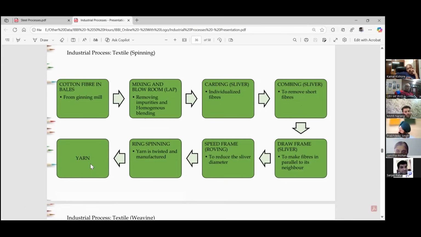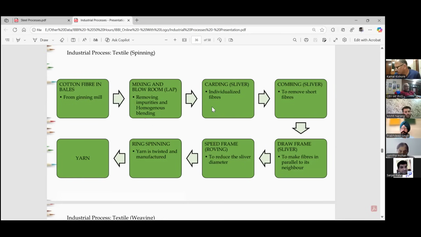Many times it is asked, what is the function of the blow room? To remove the impurities and make the cotton fiber homogeneous. What is the function of the carding machines? It produces the sliver. What is the function of the combing machines? Remove the short fiber.